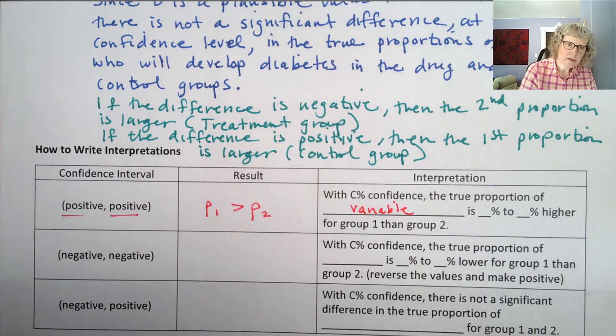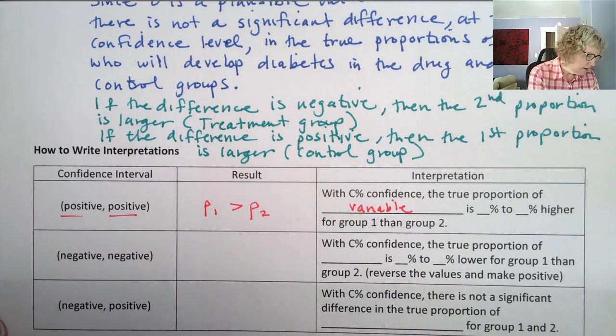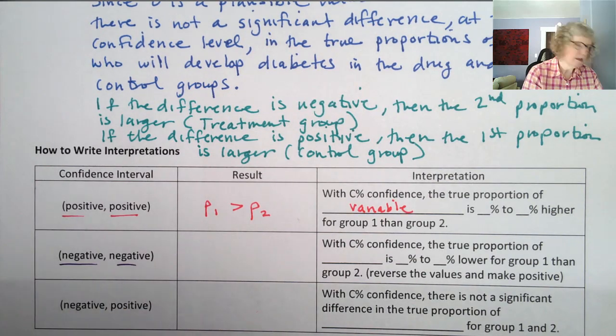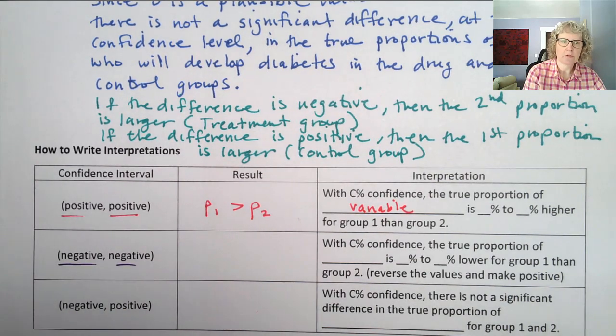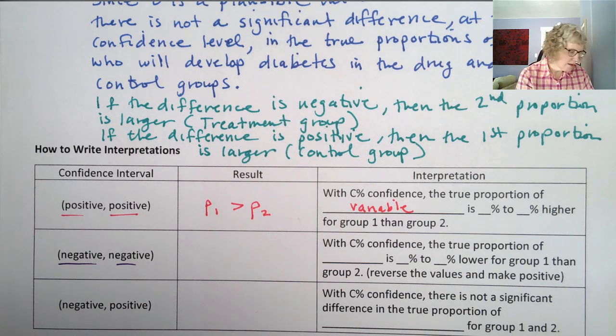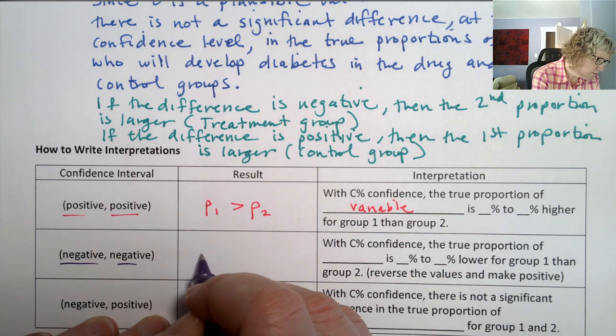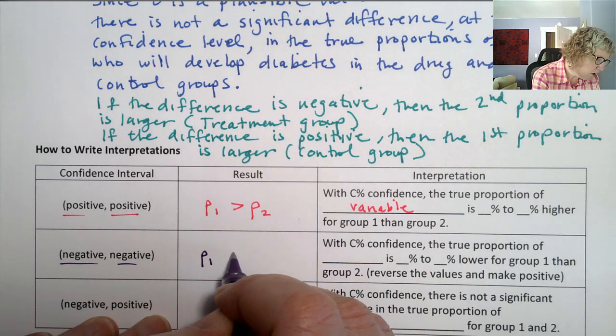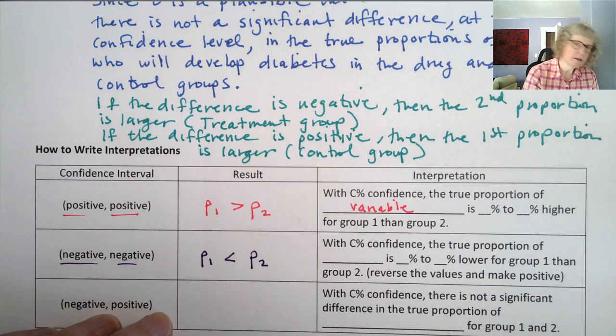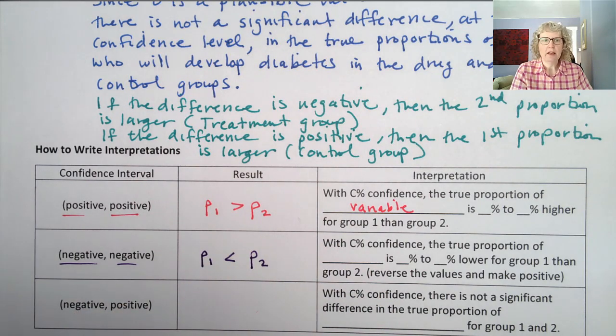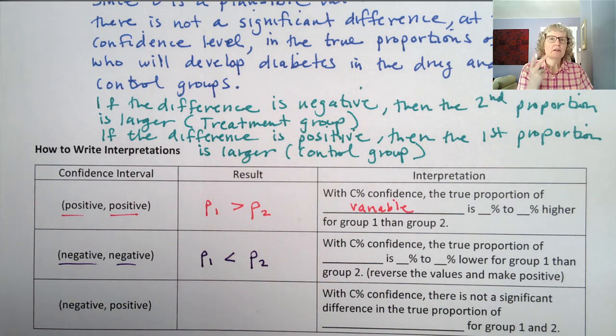Now, it's also possible to get negative to negative. I'm going to adjust my paper here for a second. We haven't seen that case yet, but it would be the opposite of the first one. That would mean we would be estimating P1 to be less than P2. If we just flipped the order of our proportions, we would get this case, but the end result, the meaning, would be the same.